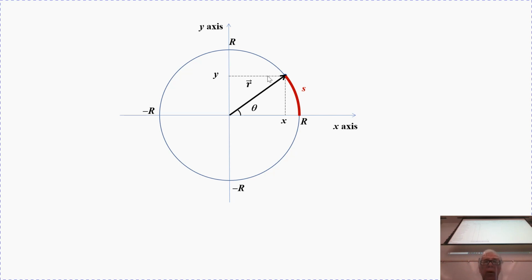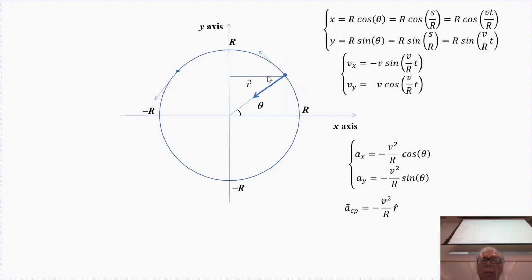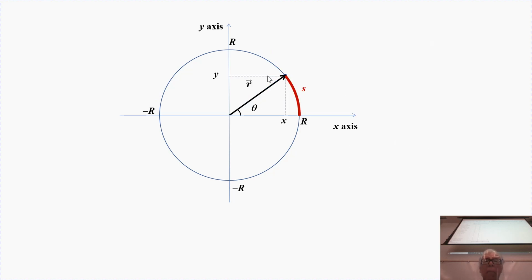So let's start with our equations of motion. Remember, we have x and y components, and it's very convenient to define this arc of angle. We call it S, arc of angle S, okay?